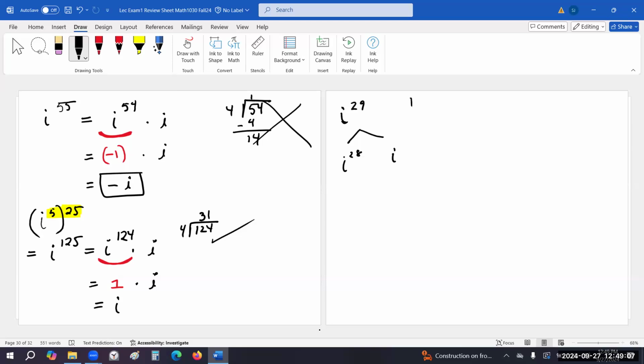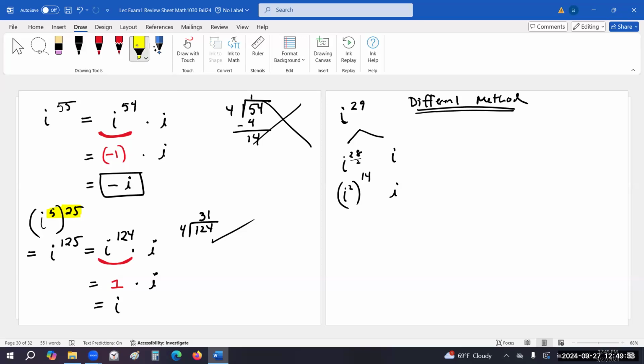This is a different method, okay? What I used to say: divide this power by 2. When you do that, you get i squared with some power. i squared with what power gives us 28? 14. And we have a single i left.